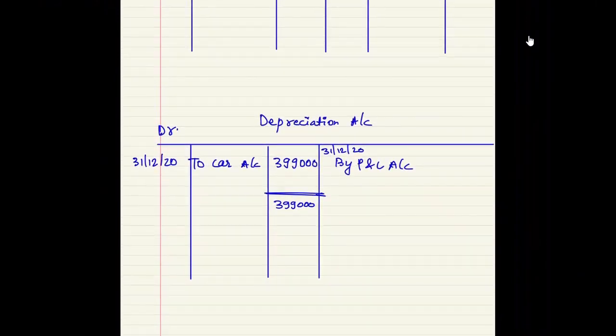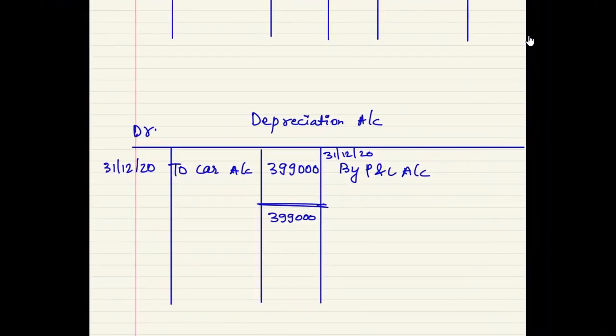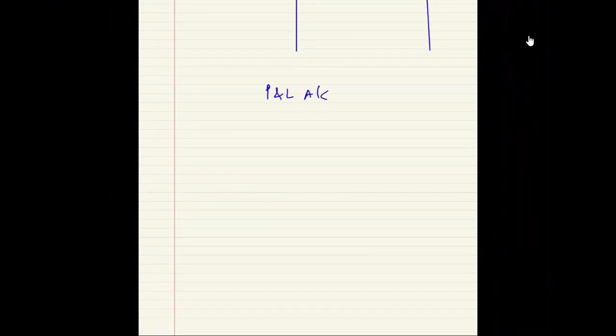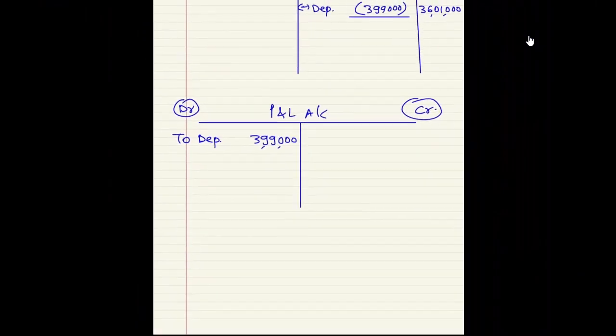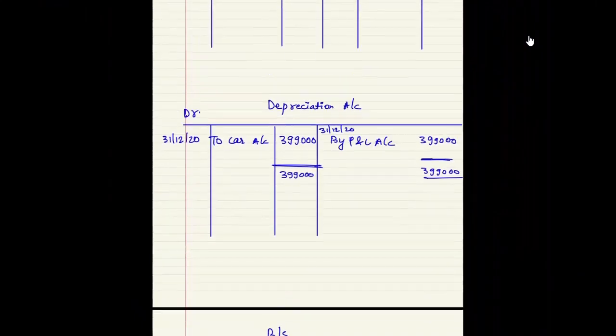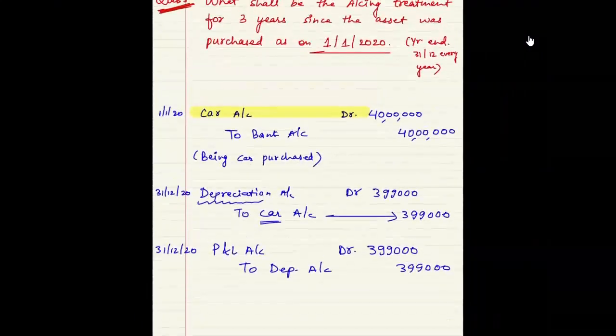So depreciation will be transferred to the P&L account, and in my P&L account it will be shown on the debit side to depreciation, because P&L account was debited and expense always shown on the debit side. So this would be the whole accounting treatment for year 2020.